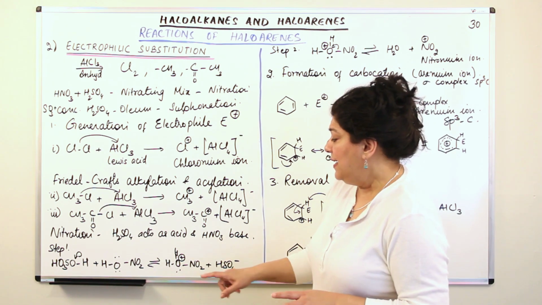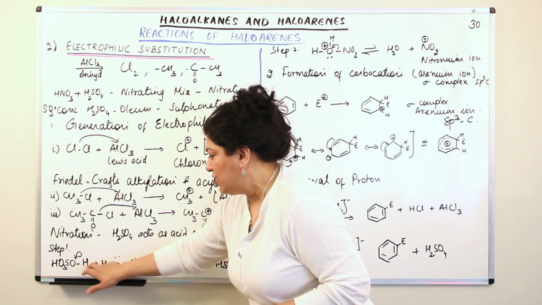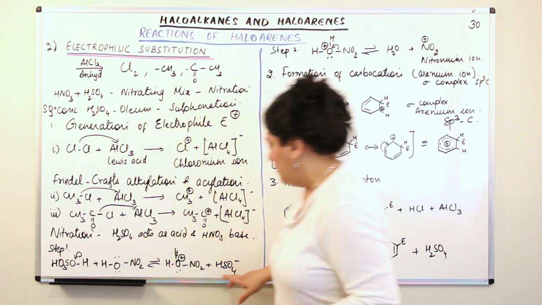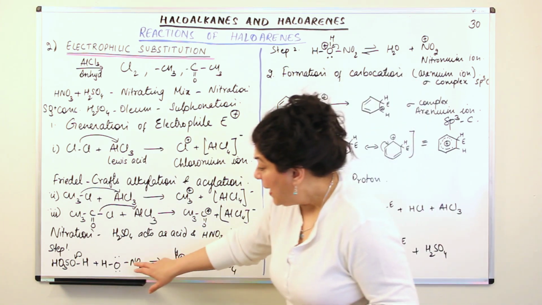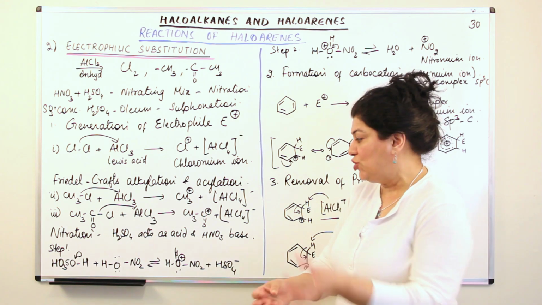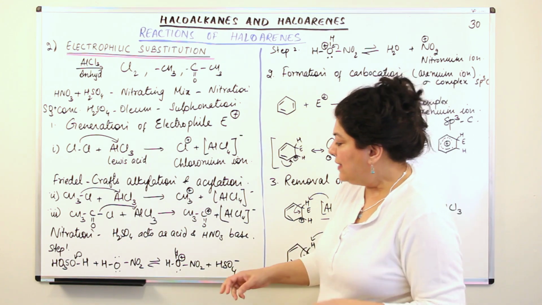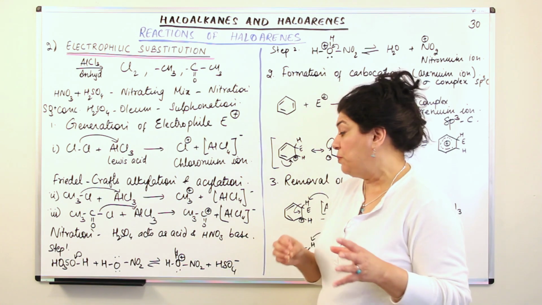Now, when H is removed out of H2SO4, the HSO4 becomes negatively charged, and the HNO3 adds on one hydrogen, the proton adds on to it.